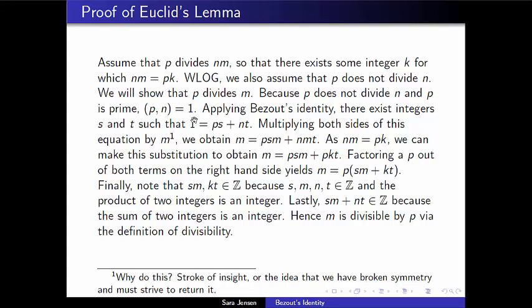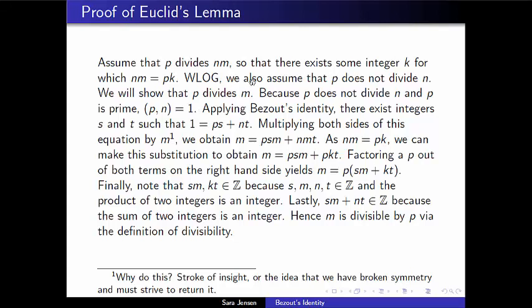Remember, we had an example with 7 and 28. But because primes don't have very many divisors, there really are only two choices as to what this GCD can be when one of these numbers is a prime. This GCD either needs to be equal to the prime or it will be equal to 1.